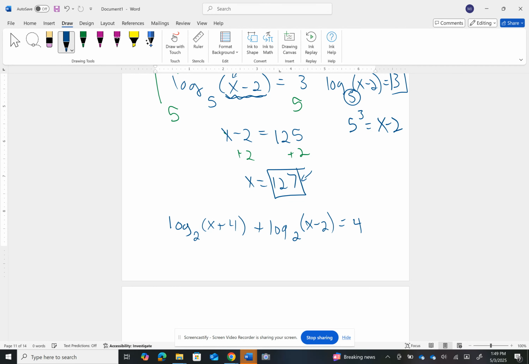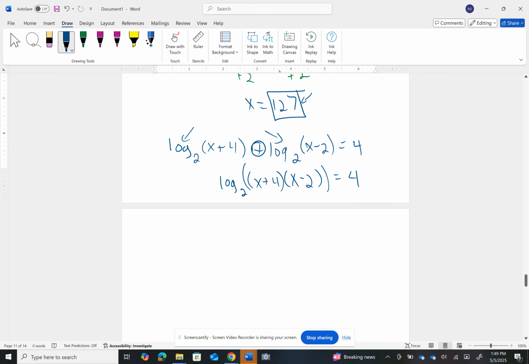Something like that, where you had more than one log here. So you needed to contract it into one logarithm. So log base 2. Because that's a plus, when we contract it, we're going to be multiplying those two.